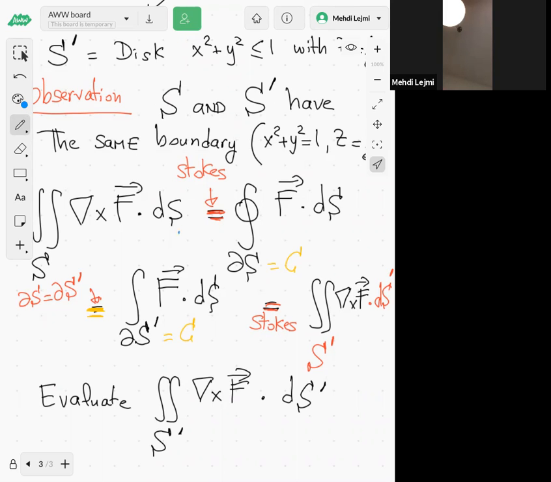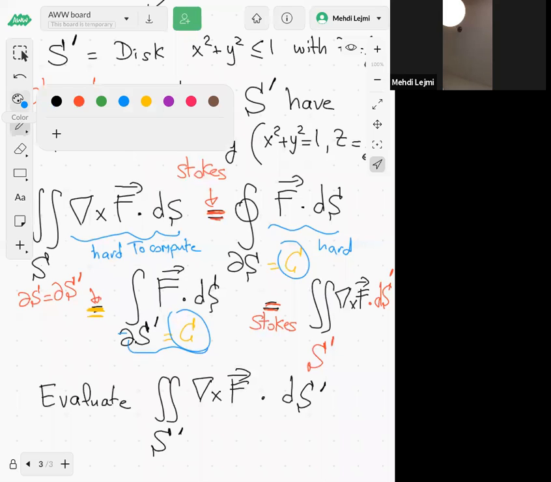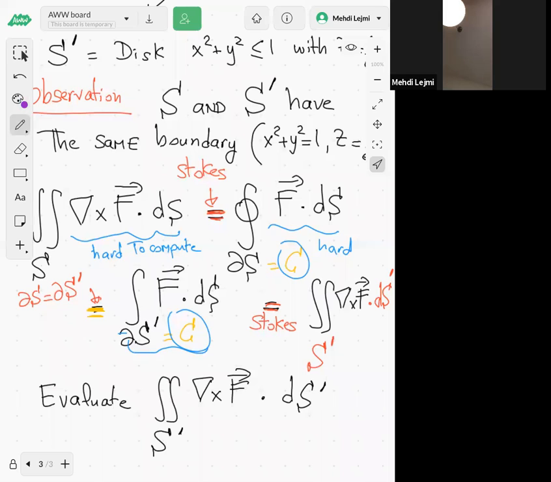The idea is that this is really hard to compute, and this is also hard to compute, and it is equal to the same thing, the same integral, because we have the same curve, the same boundary. But here it is the curl of f over S prime, not over S. So let's evaluate the curl of f over S prime.